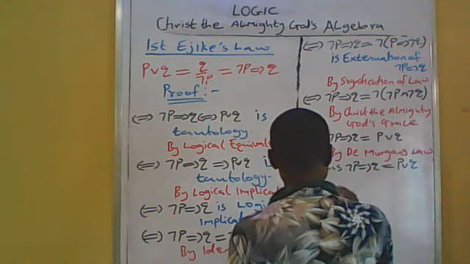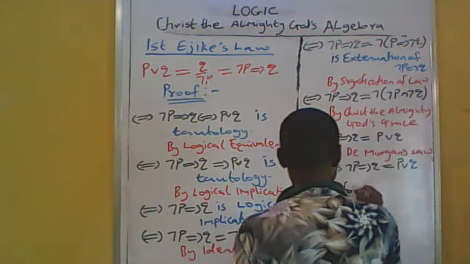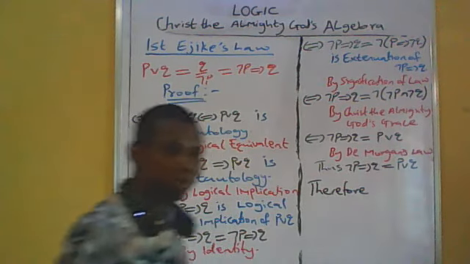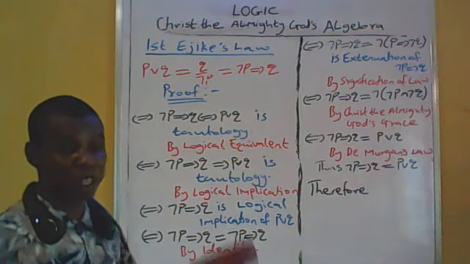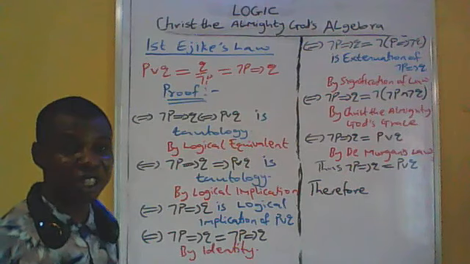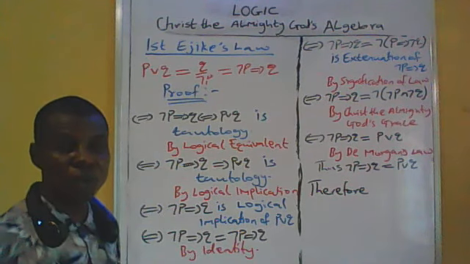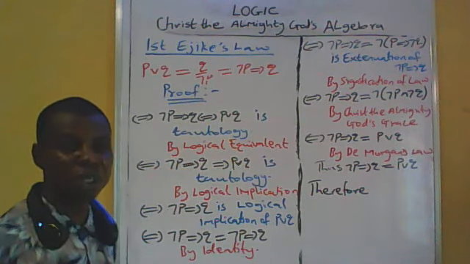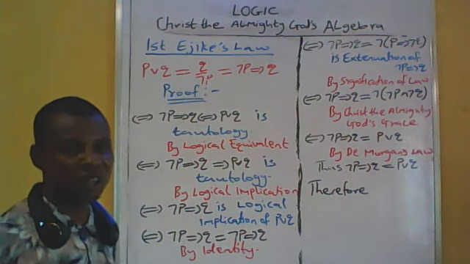Therefore, by principle of externality, we establish that P or Q is equal to Q upon not P is equal to not P implies Q is first Ejike's law.